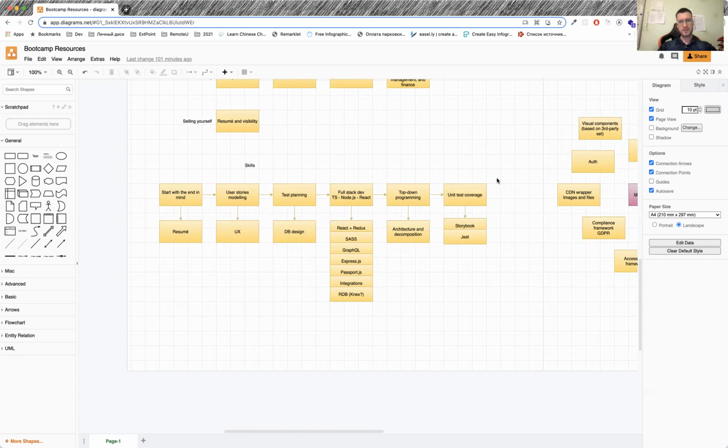This is also called a T-shaped person, where you have, like, a T letter: deep qualification in one area, maybe even not necessarily in one, and broad basic qualification in all the related areas. So with this horizontal bar of the T letter, we will start here, because that's what we need to boost your skills.